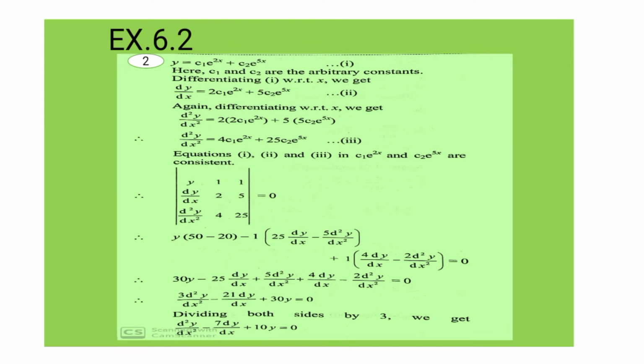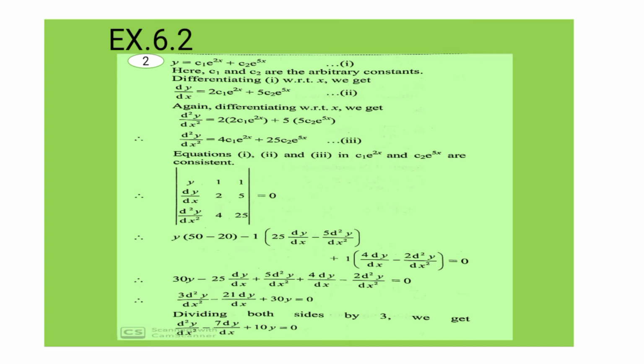Then next is y is equal to c1 e raised to 2x plus c2 e raised to 5x. Give this equation number 1. Here c1 and c2 are the arbitrary constants.